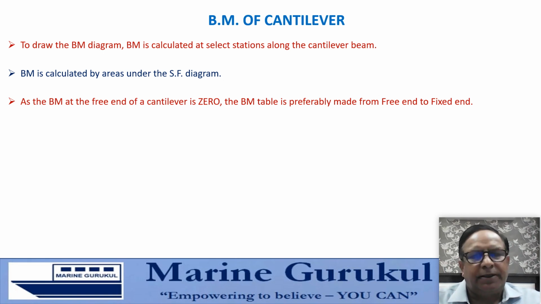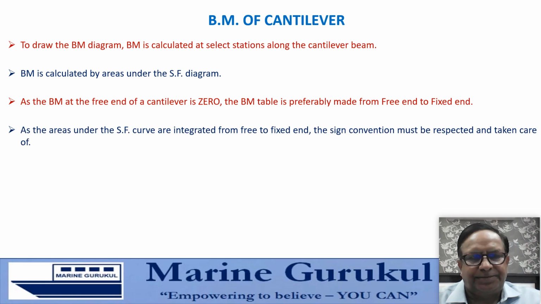So it is recommended, not mandatory, but recommended, that the BM table is preferably made from the free end to the fixed end, as the areas under the SF curve are integrated from free to fixed end, and sometimes your free end may be to the left, on other cases it may be to the right. So the sign convention must be respected and taken care of.